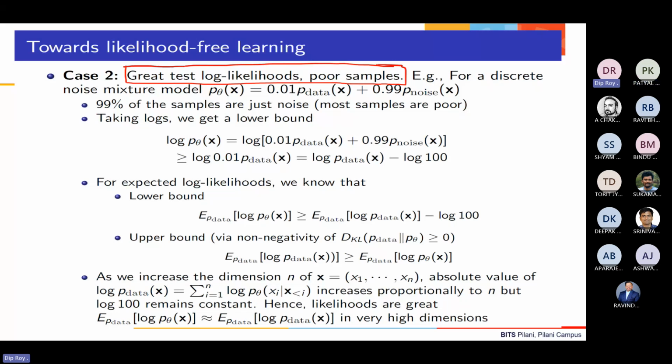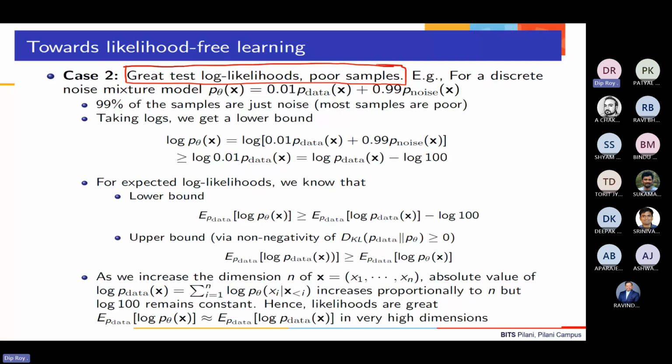What this derivation is trying to prove is that these two are not tightly correlated or tightly coupled. You do not have the guarantee that if you have good test likelihood, you will have good samples. This is point number one.